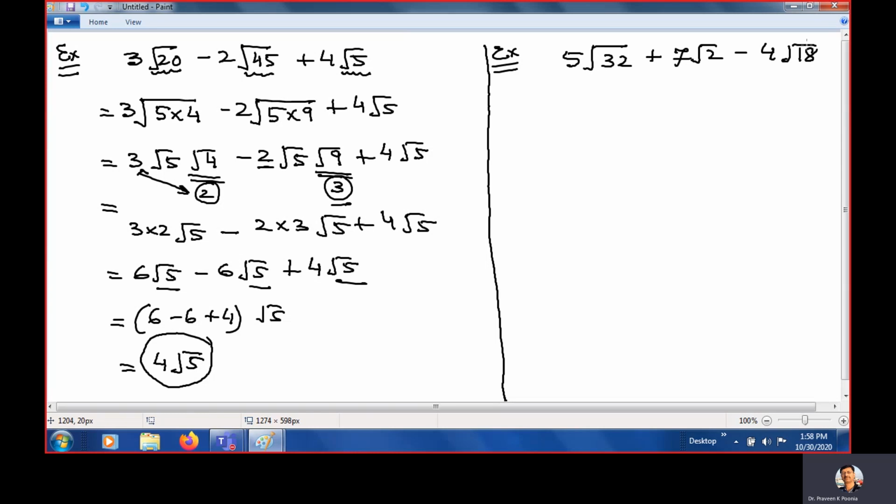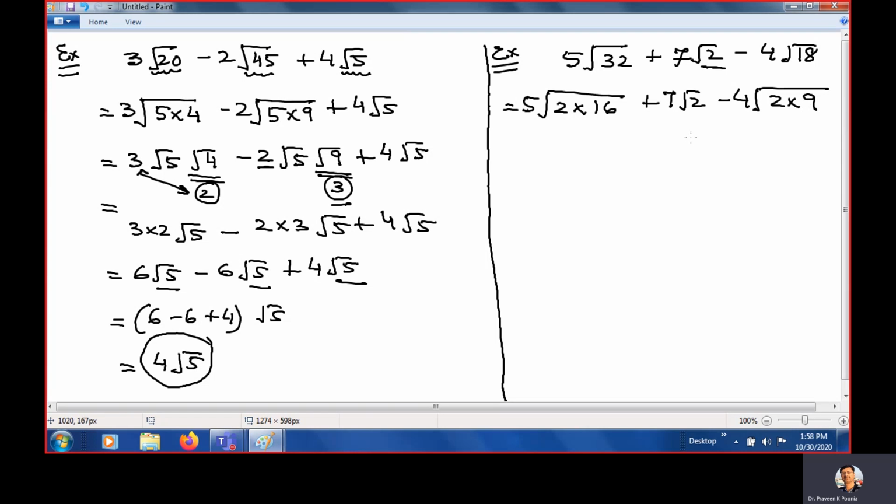This we have taken. So what is the smallest number? The smallest number is 2. So we will break it into parts of 2. If you do it, it is 5 square root of 2 times 16, plus 7 square root 2 as it is, minus, break 18 in terms of 2: 2 times 9.